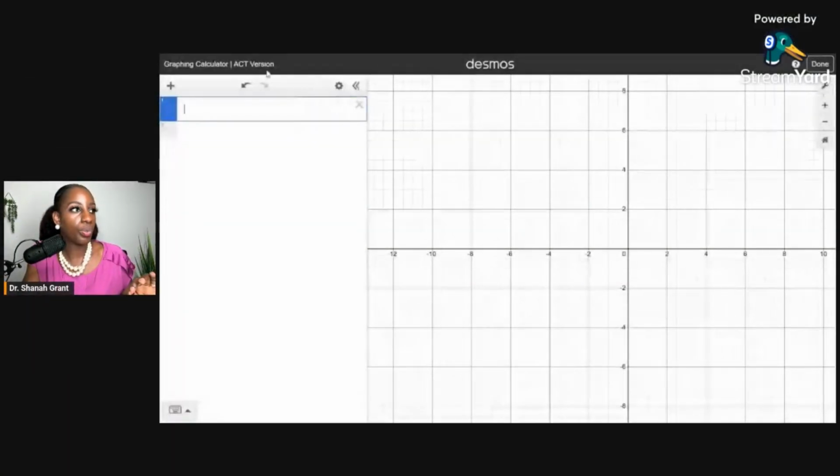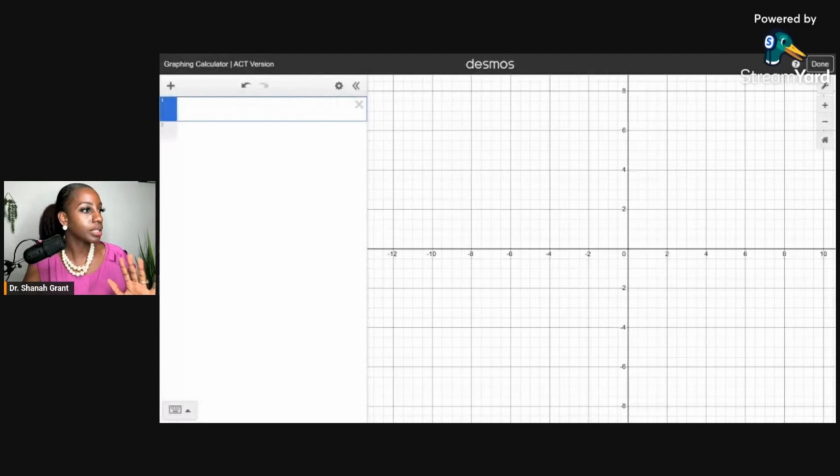So I'm going to share my screen here, and we're going to look at it together. The question was f of c. Let me pull that up here because I don't remember what it is. Right, so we have f of c equals 2x plus 1 and 3x minus 2.